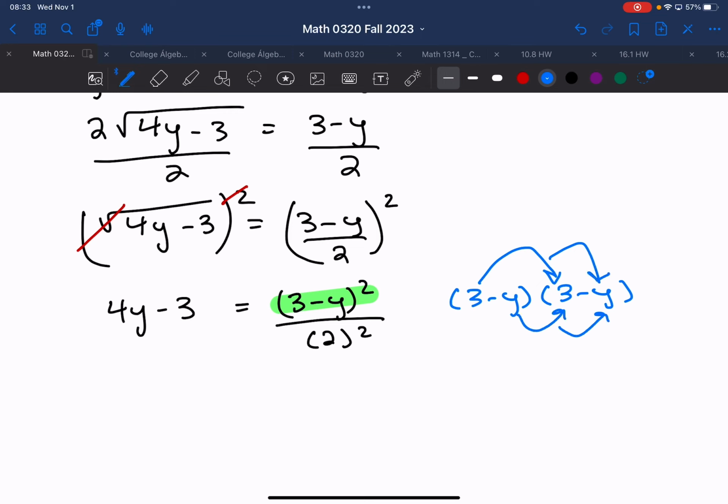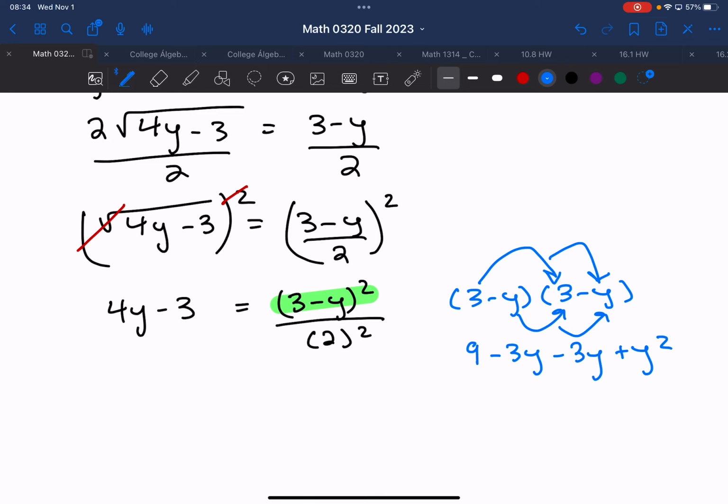Foiling this out, we have 3 times 3, which is 9. 3 times negative y, which is negative 3y. Negative y times 3, which is negative 3y. And negative y times negative y, which is positive y squared. So that's after we FOIL these 2 binomials.